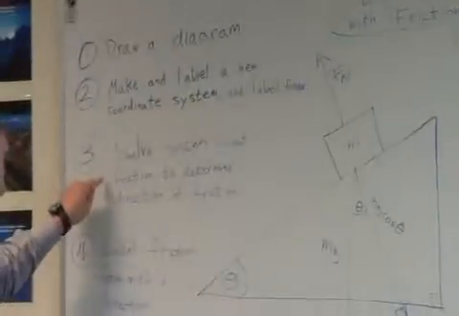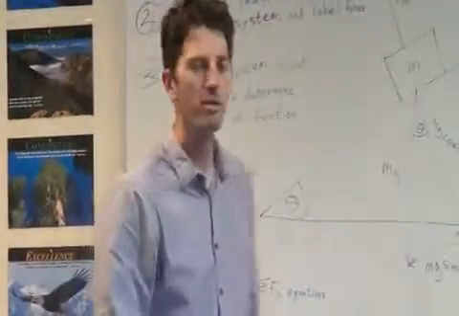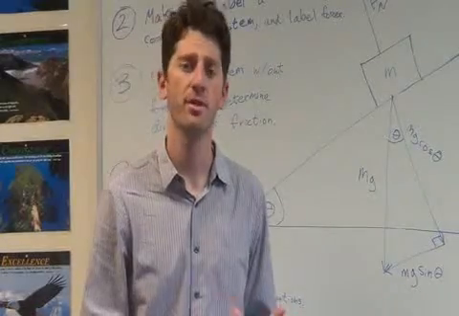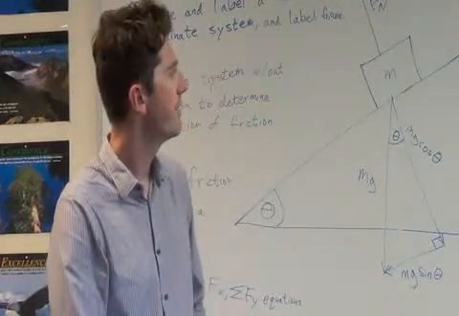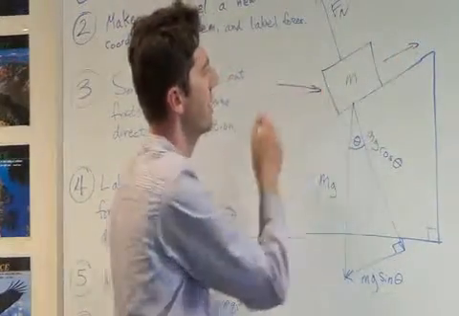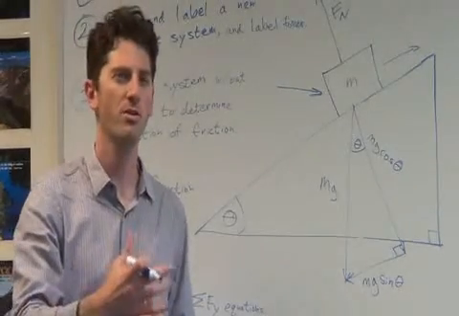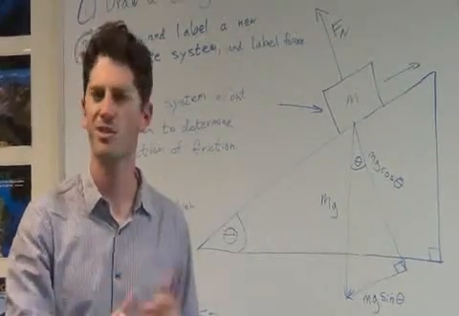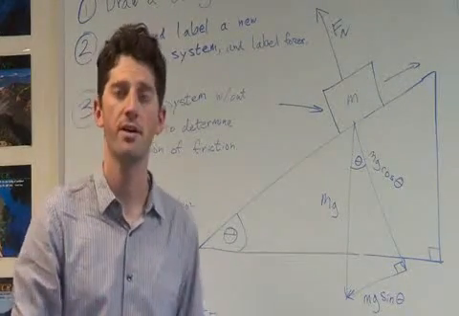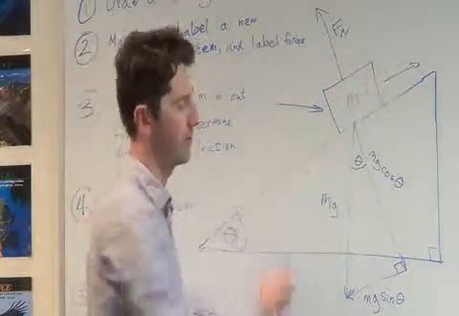And now we want to solve the system without friction to determine the direction of friction. Now, we know the direction of friction right off the bat from here, but it won't always be obvious. So sometimes you will have a force that's pushing this way, or a force pushing this way, and you're not really sure if the force is large enough that friction has changed direction, and you have to actually solve the whole thing without friction, and determine if the friction is pointing up the ramp or down the ramp.